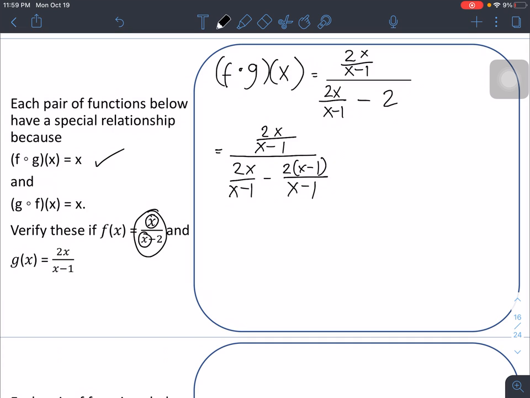So we can proceed to subtraction in the denominator. So this will be 2x over x minus 1 all over 2x minus 2x minus 1. So negative 2 multiplied by x will be negative 2x. Negative 2 multiplied by 1 will be positive 2, all over x minus 1.